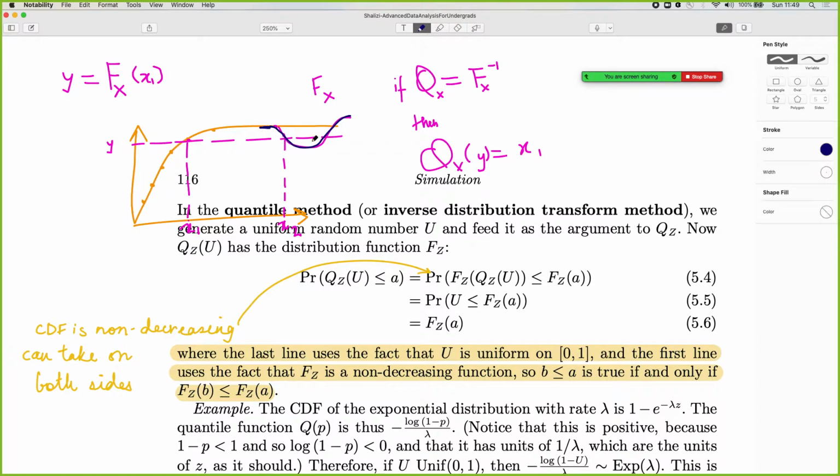If this decreases later, then now this q of y can be x1 or x2, because y is also now equal to f(x). So then a unique inverse is not defined. So that is why this CDF being a non-decreasing function is important, because you don't want this and you want a unique inverse to be defined.